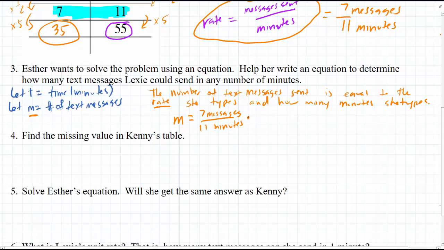Okay, and that's going to be multiplied by how much time has passed, so times t. So this will be the equation that we could use.